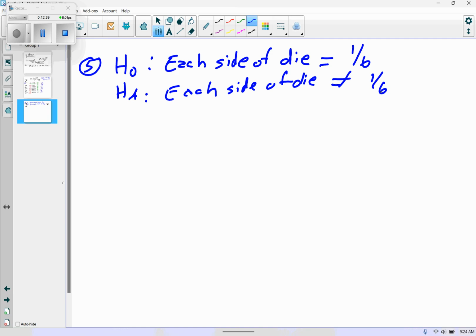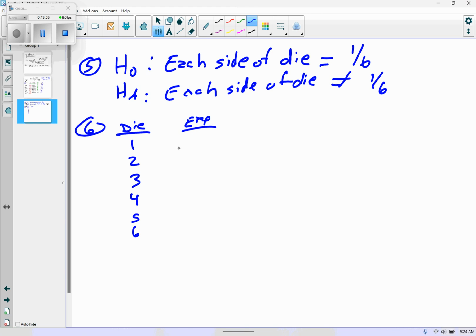All right, so let's create our table below. So die 1, 2, 3, 4, 5, 6. What we expect is 1 in 6. So we're doing 1,000 times, 1,000 divided by 6.